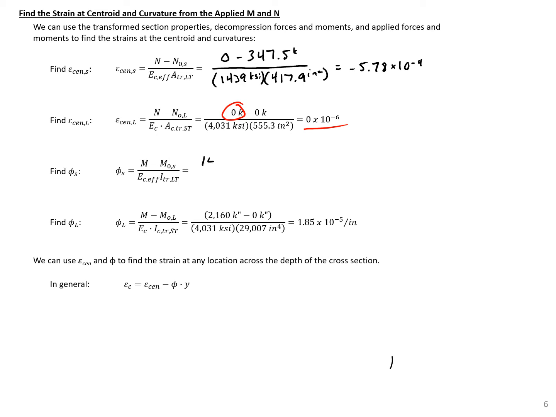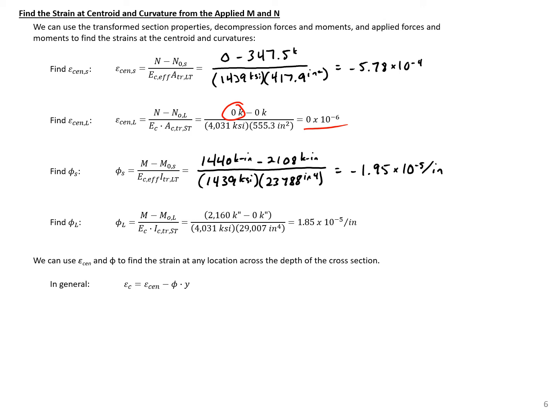So we had 1,440 kip inches, our applied sustained loads, or moment from our applied sustained loads, minus 2,108 kip inches, our M0 sub s, times 1,439 KSI, EC effective, times 23,788 inches to the fourth, which gives us a curvature here of negative 1.95 times 10 to the negative fifth radians per inch.